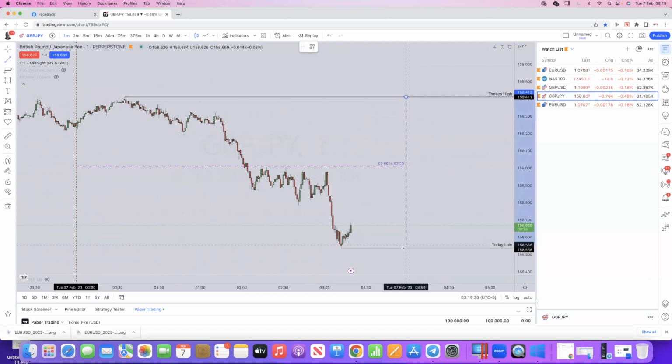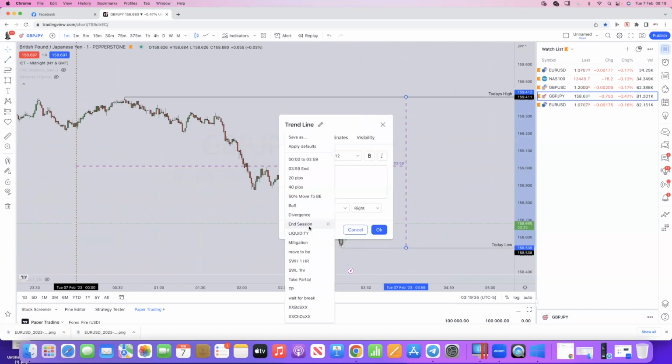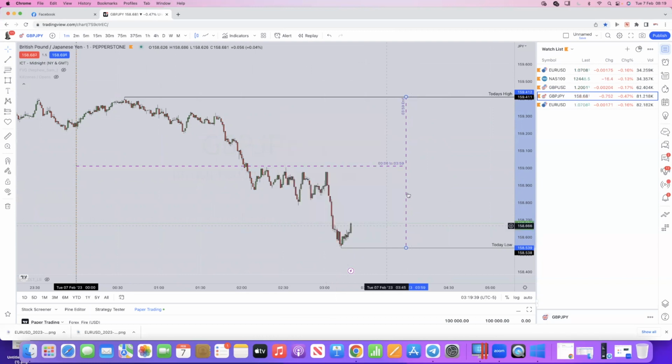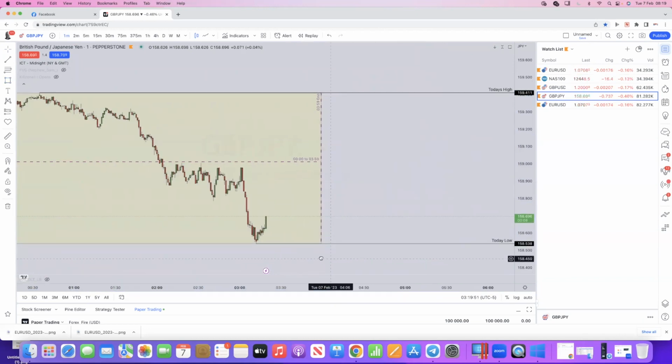From top to bottom, and then to the template. This template is a 359 end. And at the moment, start to the bottom, that's our range pre-London. Okay.